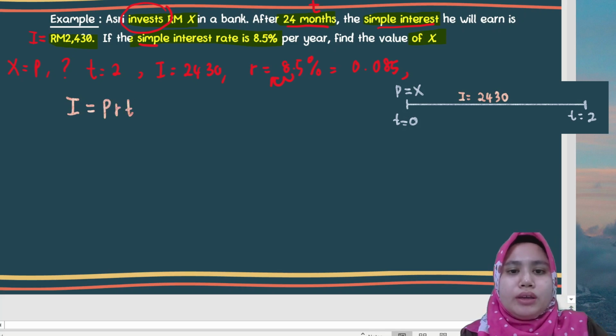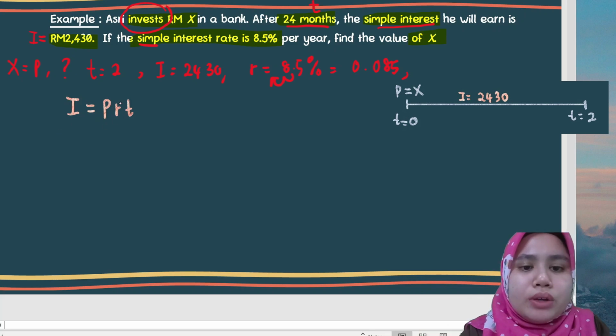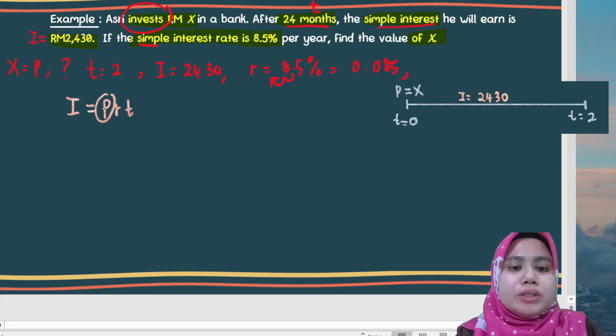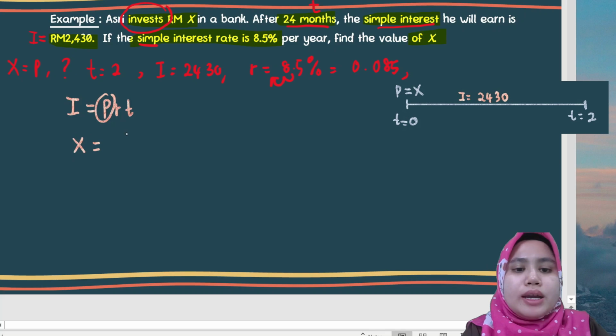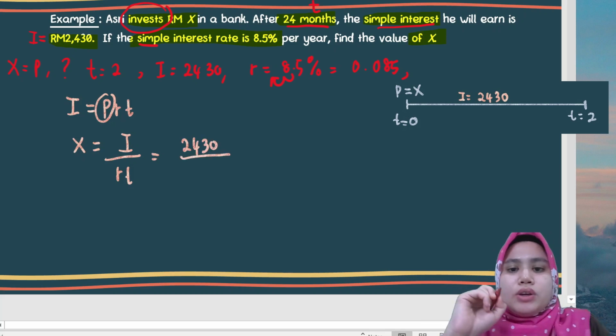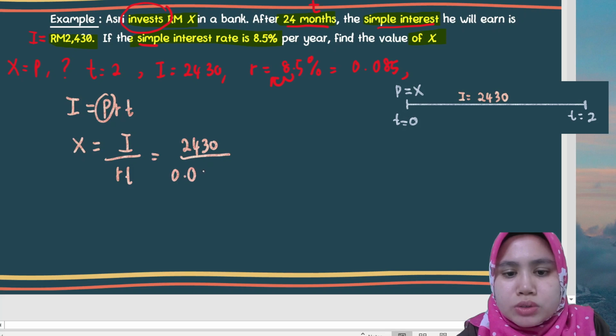Let's substitute the values that we have. We change the formula first. We want to find P, which is your X. So X is equal to I divided by RT. Your I is 2430, your R is 0.085, your T is 2.